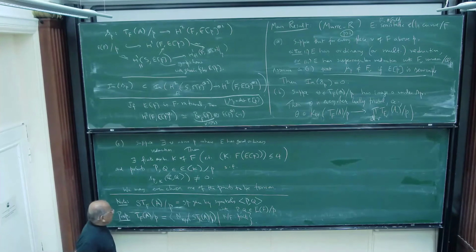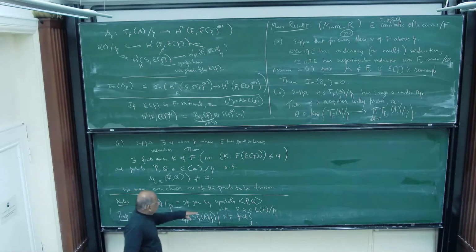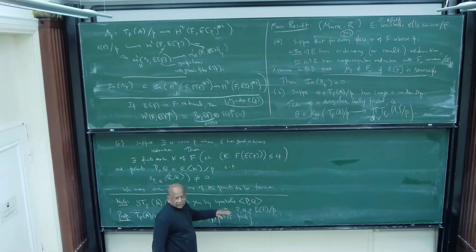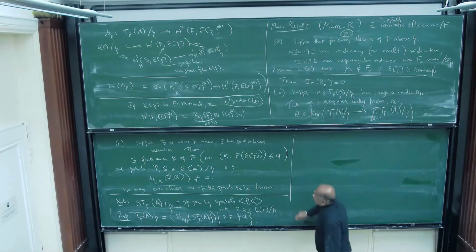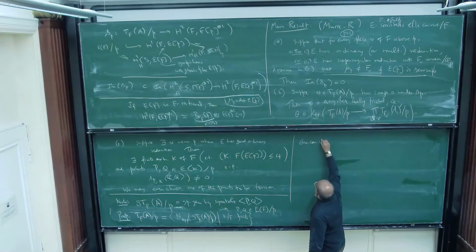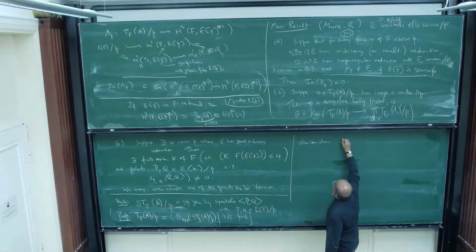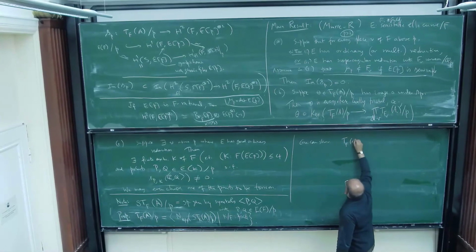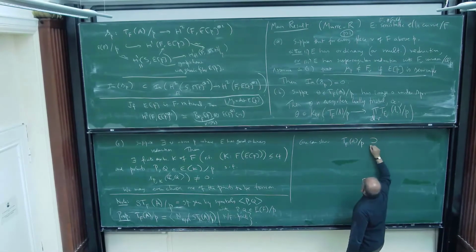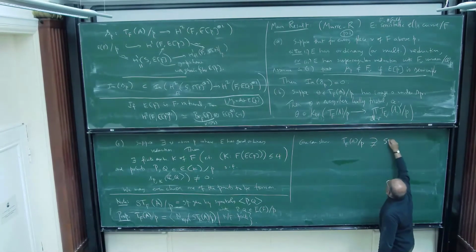Because K2 of a field is generated by symbols coming from elements just over the field itself. But here they come from extensions. So one of the results is that one can show examples where TF of A mod p is larger, not equal to ST.